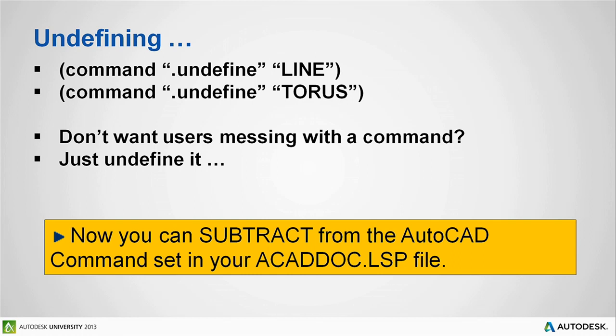So if you don't want people using a specific command, I would simply turn it off. When I started doing this, it was when Release 10 came out, and they had all these cool little programs like Torus and Cone. I'd see my guys who were supposed to be doing P&ID work sitting there playing with tori and donuts and cones. So I just turned them off.